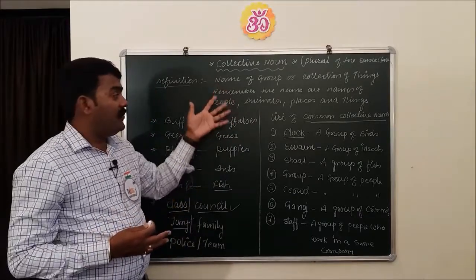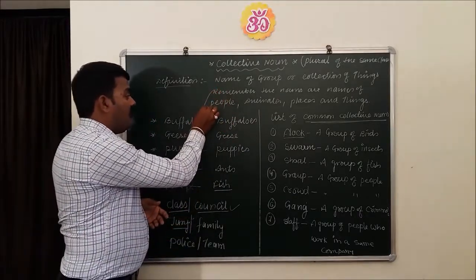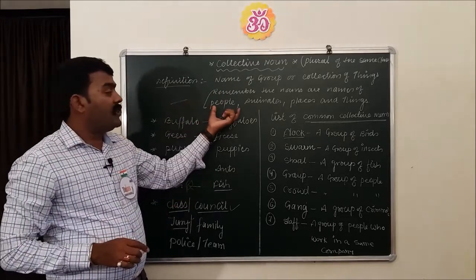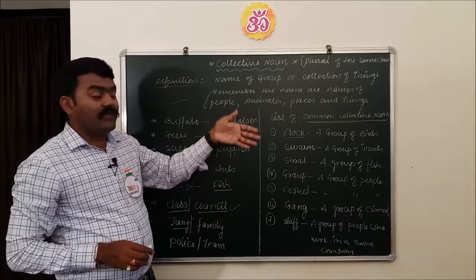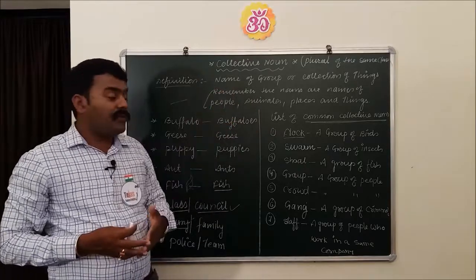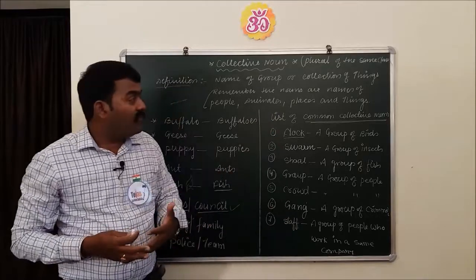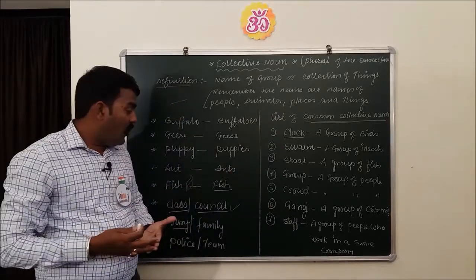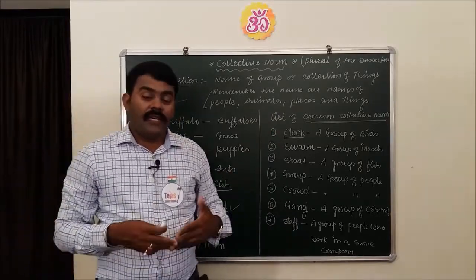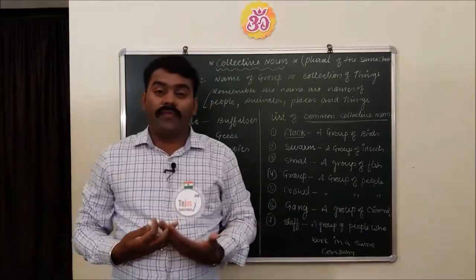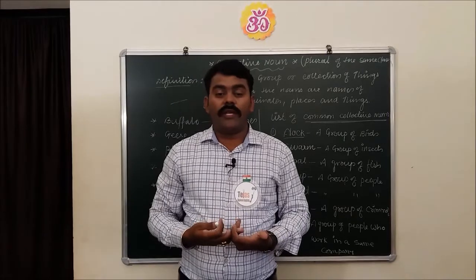This is the definition we gave in the noun section. So noun has some subcategories, and collective noun is one of them. I hope you have got the information. This is the group of words called collective nouns.